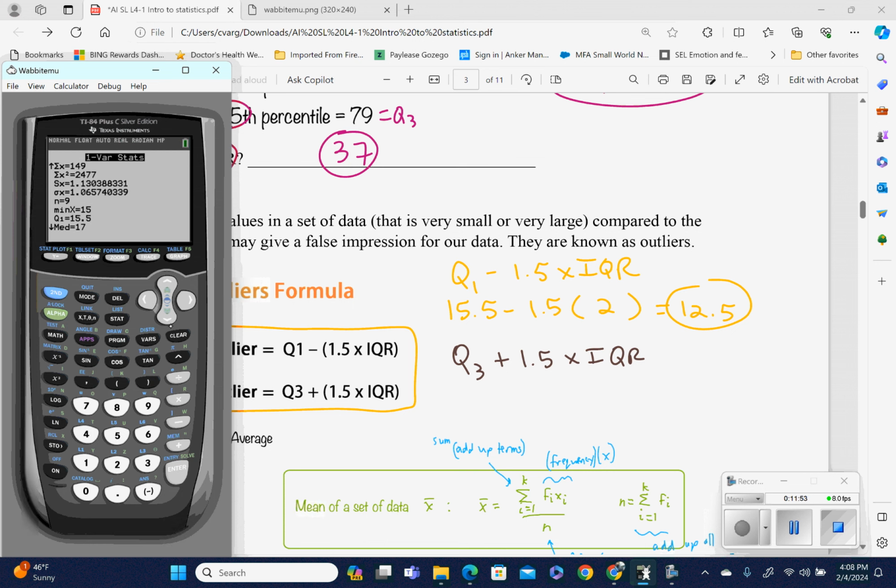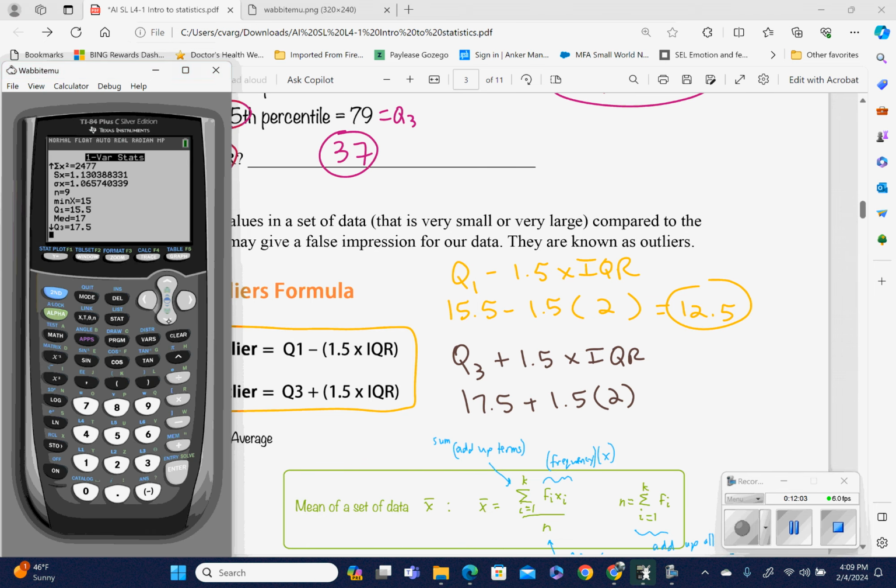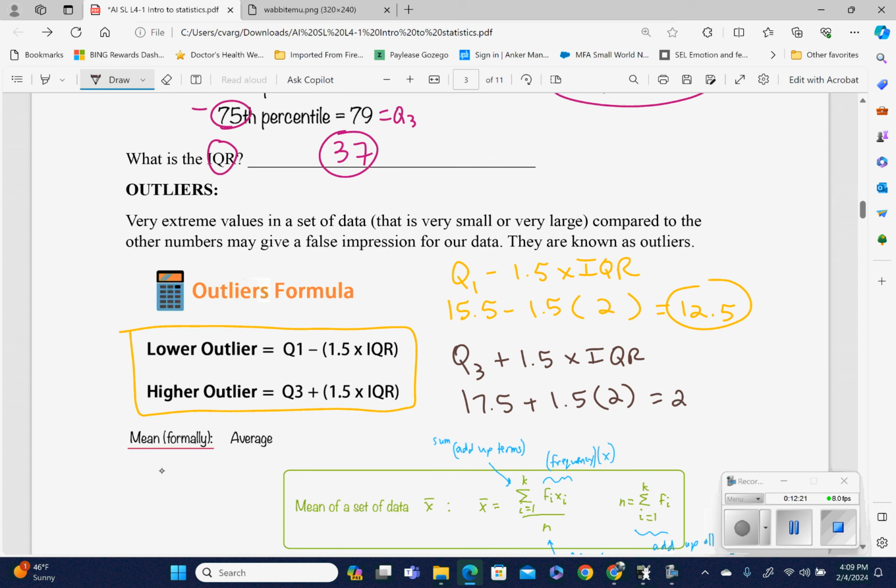Q3 is 17.5, so I do 17.5 plus 1.5 times my IQR, which is still 2. So the higher number that I can have is 20.5.